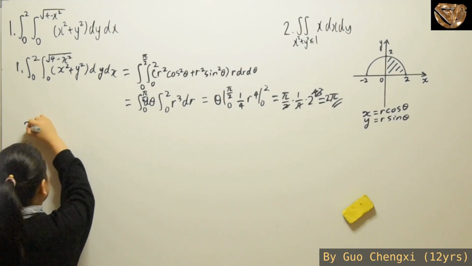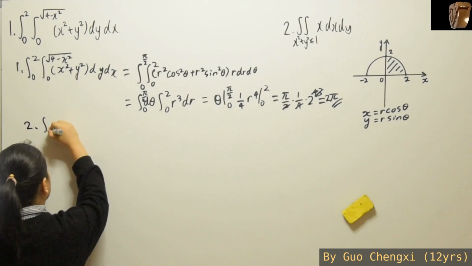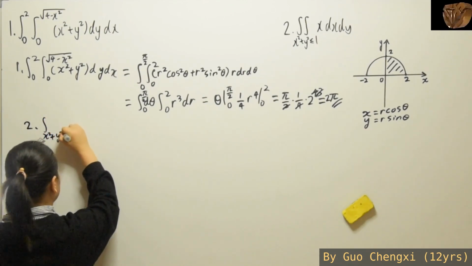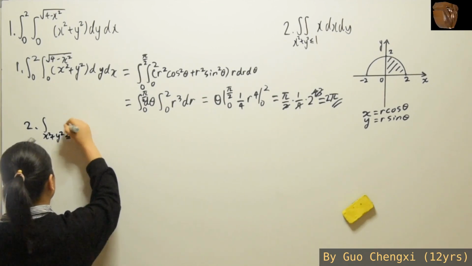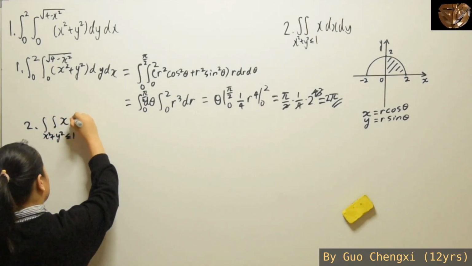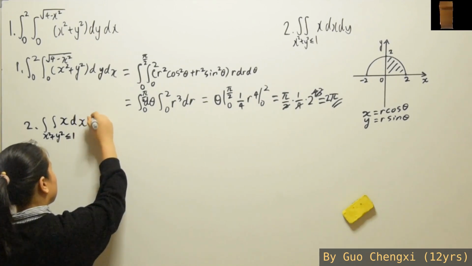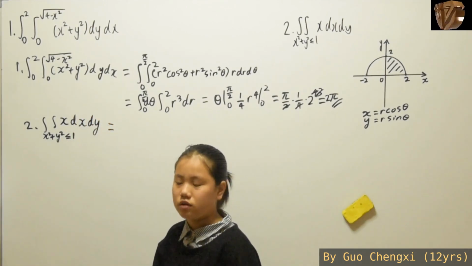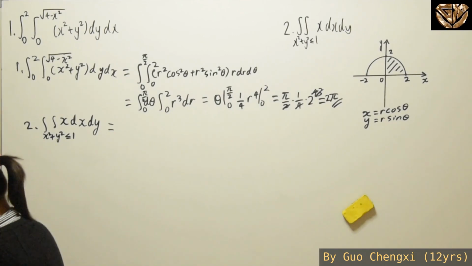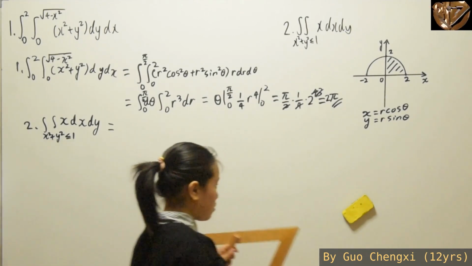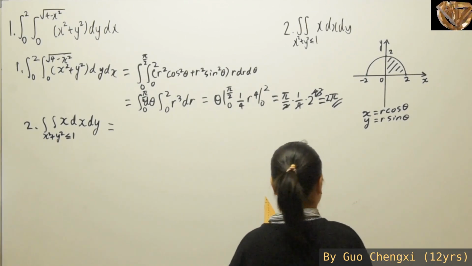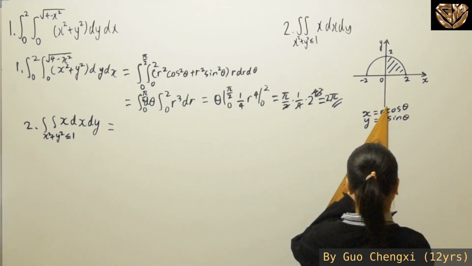For our second example, we can also draw the area bounded for it.